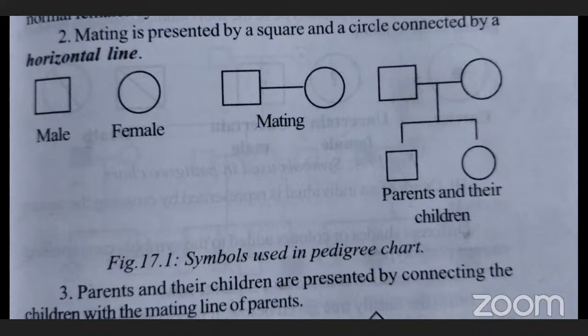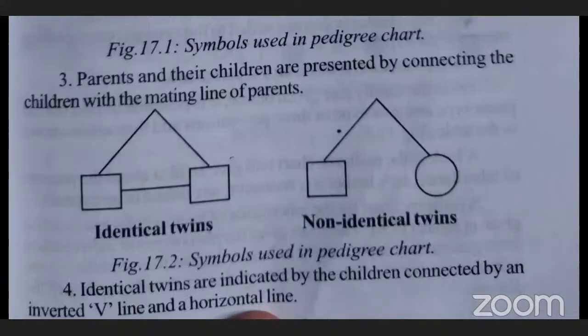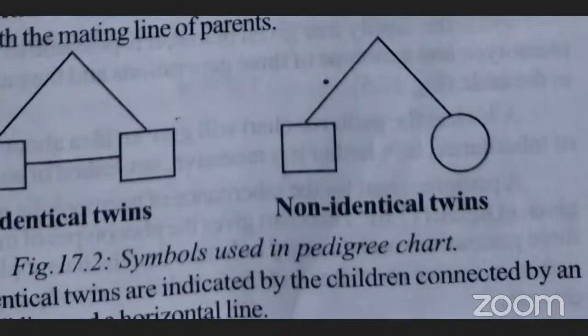The next one is parents and their children, represented by connecting the children to the mating line of the parents. Here, identical twins are indicated by children connected by an inverted V line and a horizontal line.